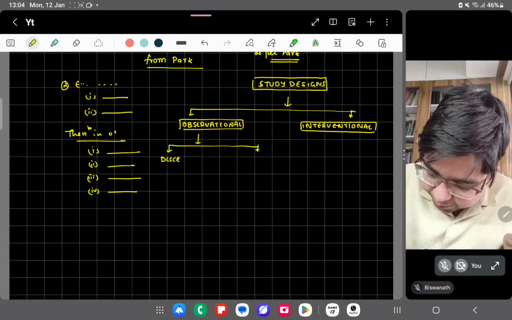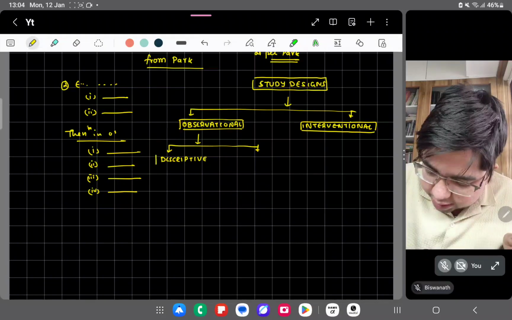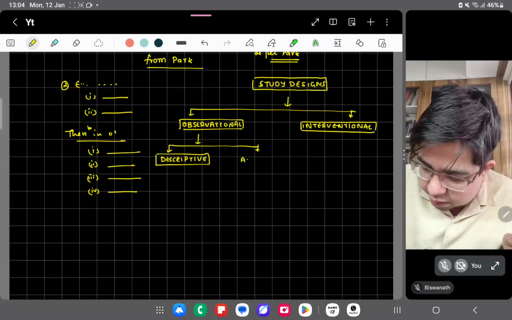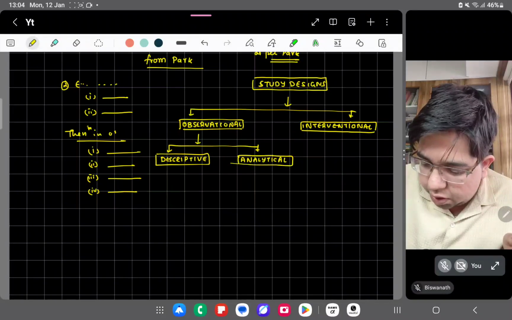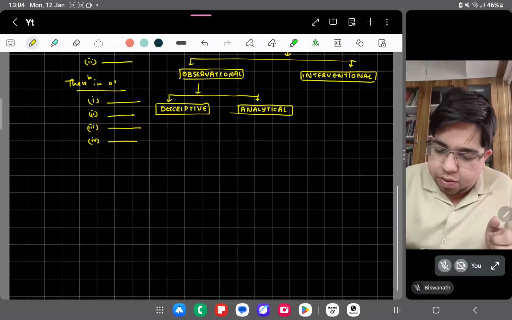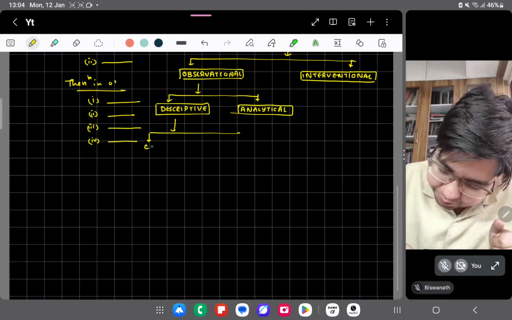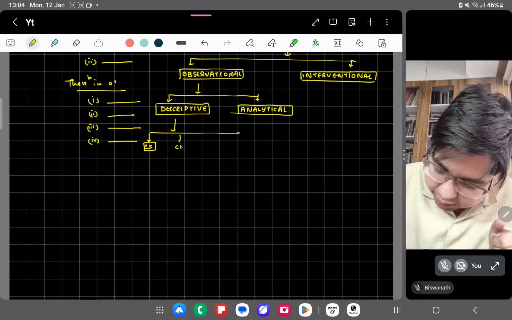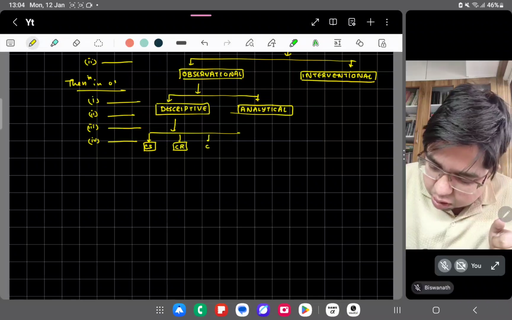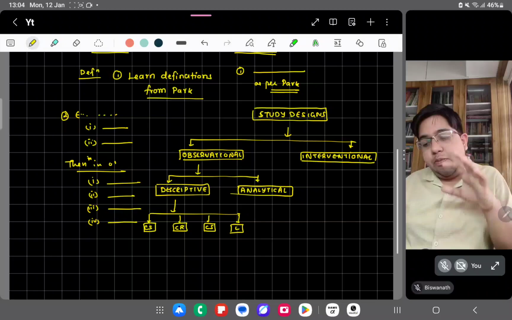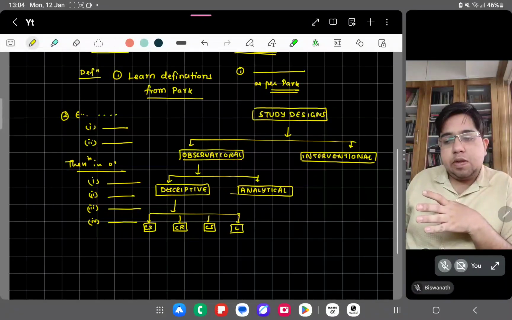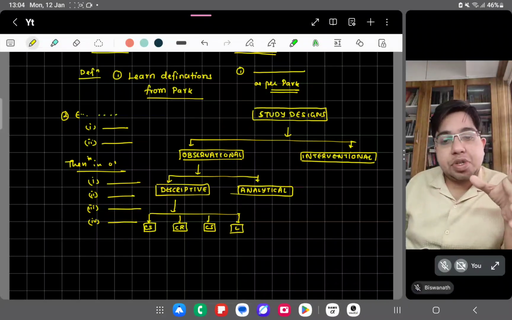Descriptive and analytical. Then you classify the descriptive part again into four types: case series, case report, cross sectional, longitudinal. You make a flowchart of this. This will give you a good presentation.